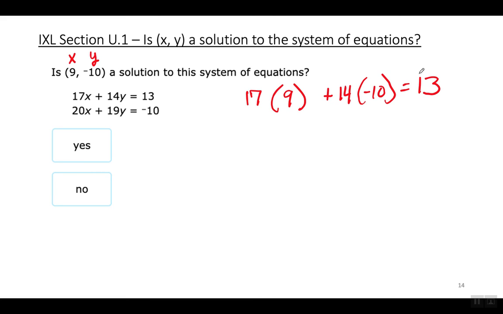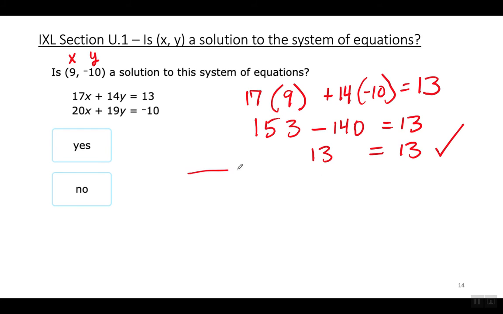I'm going to use one myself. So 17 times 9 is going to give you 153. 14 times -10 is going to give you -140 equals 13. So when you subtract 153 minus 140, you're going to get 13. So it works on the top.